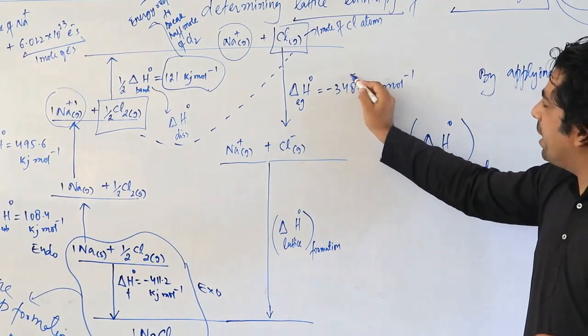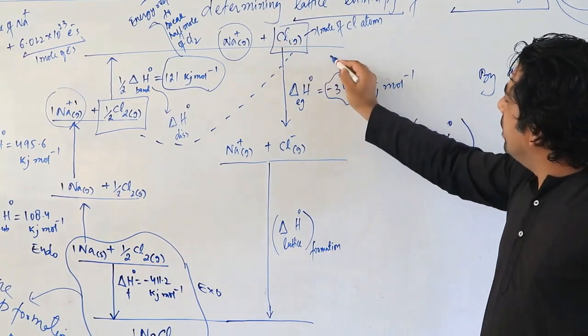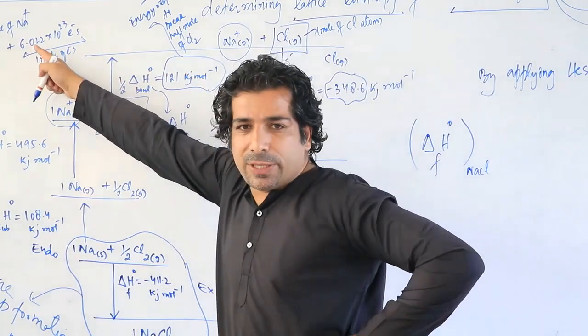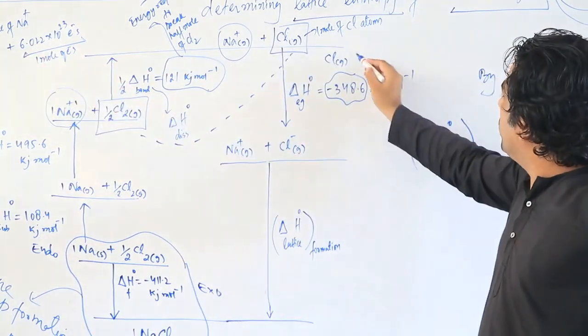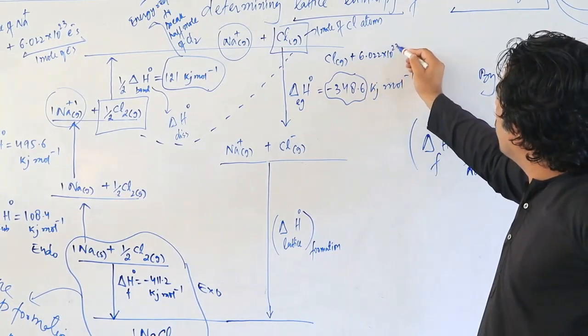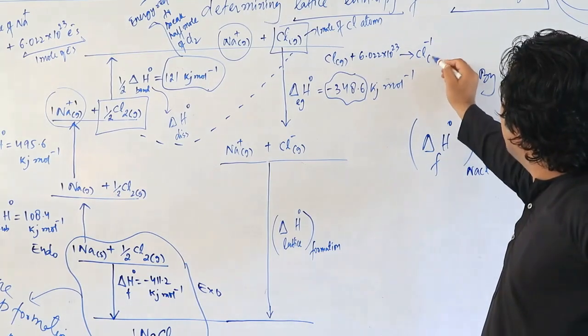So this much energy will be released when your gaseous chlorine, 1 mole, gains electrons. How many electrons are released by sodium? 1 mole. So the chlorine will gain these 6.022 into 10 raised to power 23 electrons, and it will give me Cl minus gaseous.